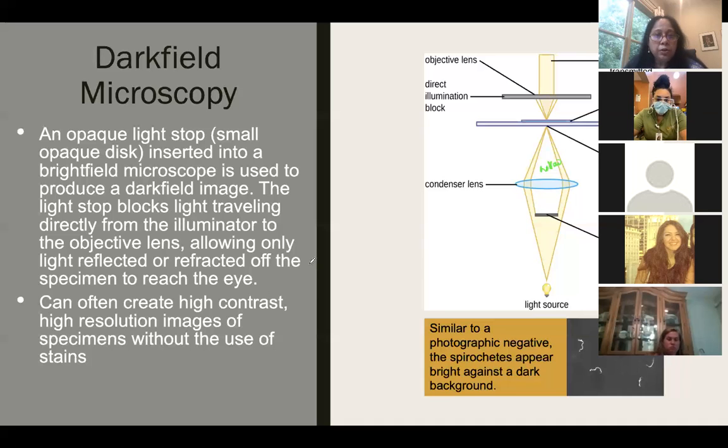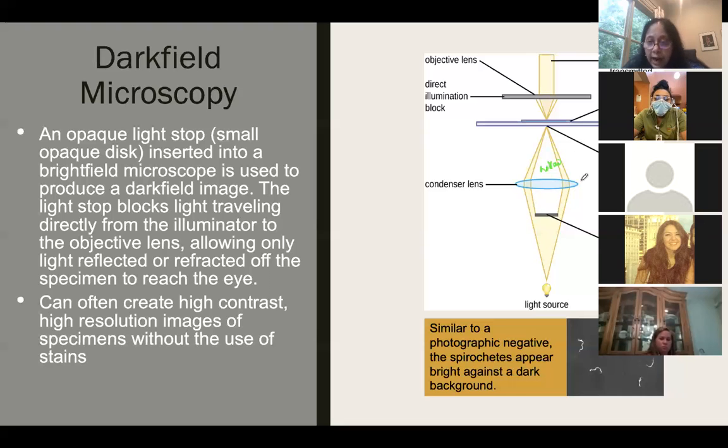So the difference between dark field and bright field. Bright field, we really do not have any stop, so it is continuous, and the condenser collects a huge amount of light. So basically both the specimen and the background get enough light to be illuminated.